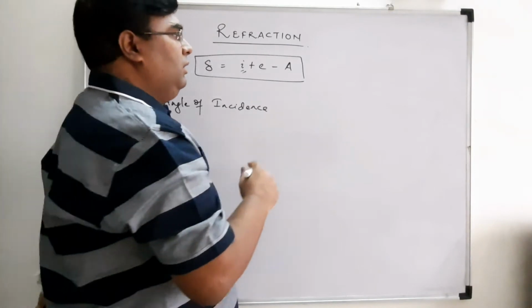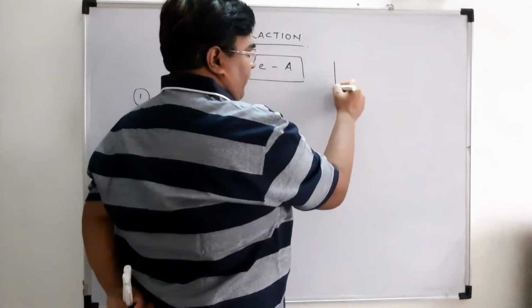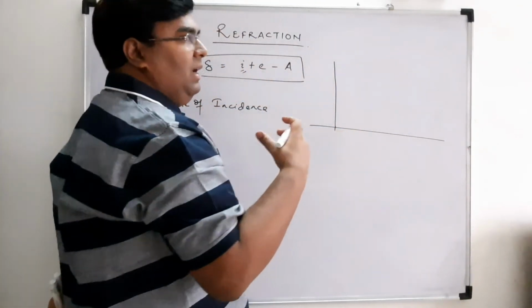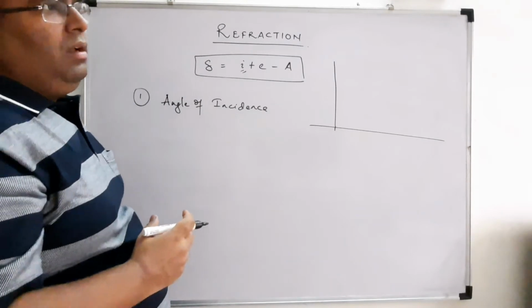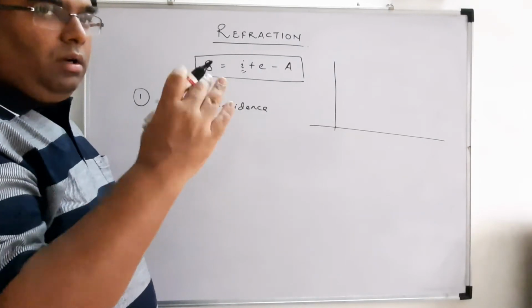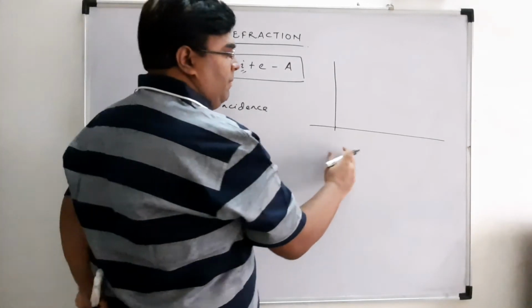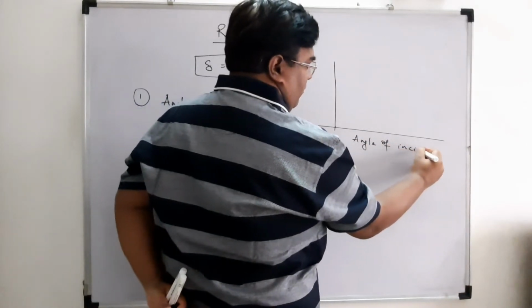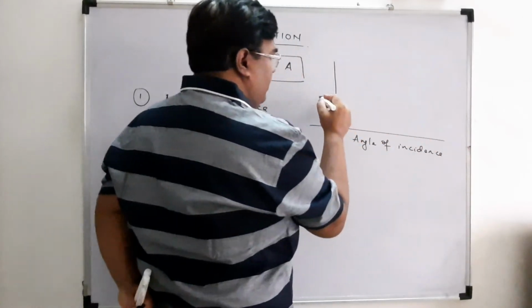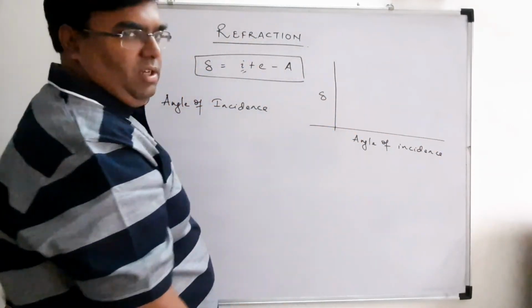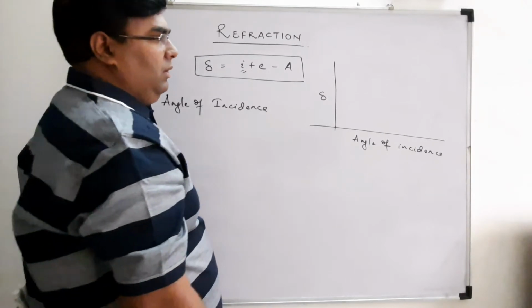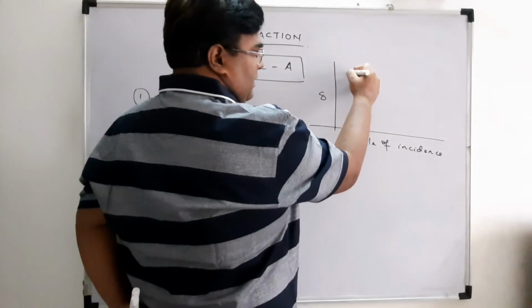Now let us understand in detail how the angle of incidence will decide the angle of deviation. Okay, by different experiments, by taking different angles of incidence, we have plotted a graph which will contain angle of incidence and angle of deviation, I versus delta. Okay, so we have plotted a graph and it has come out like this.